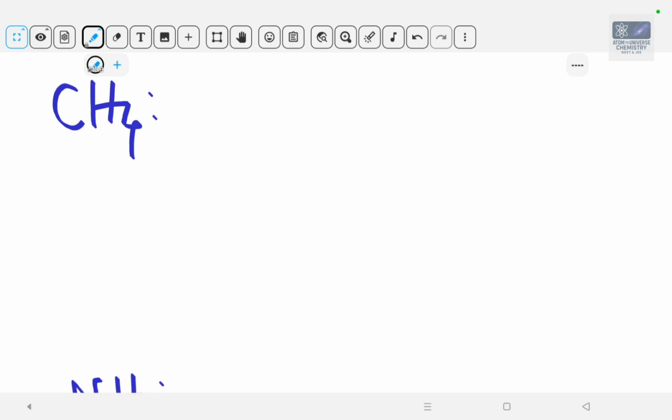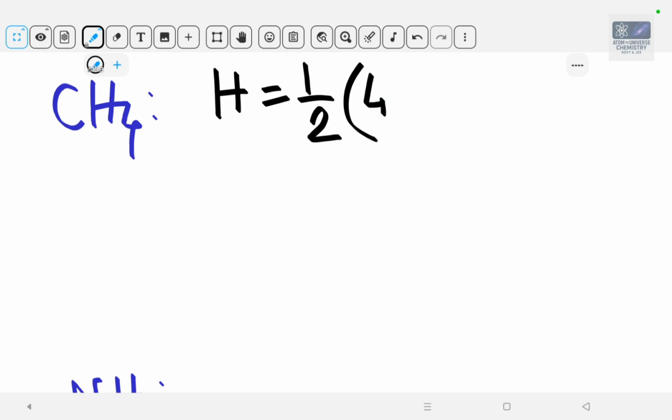In that case, the central atom is carbon, so put the formula H equal to half of the number of valence electrons of carbon, that is 4. The total number of monovalent atoms is 4, because hydrogen is monovalent. No plus charge, no minus charge, giving the value of 4.